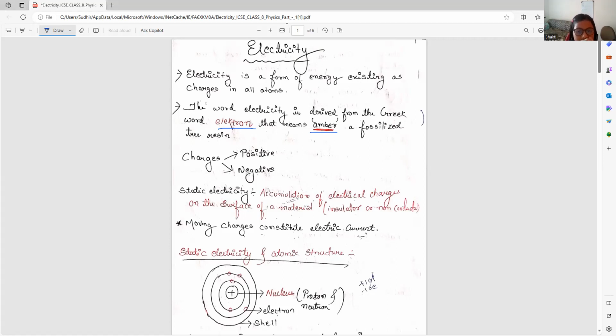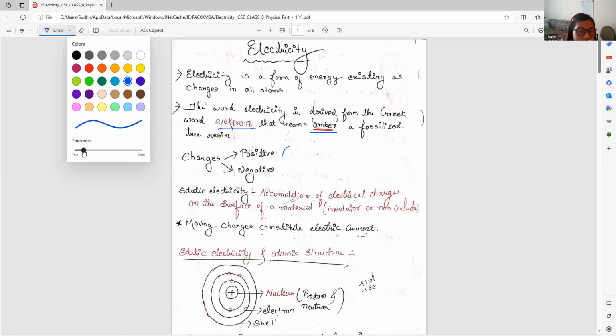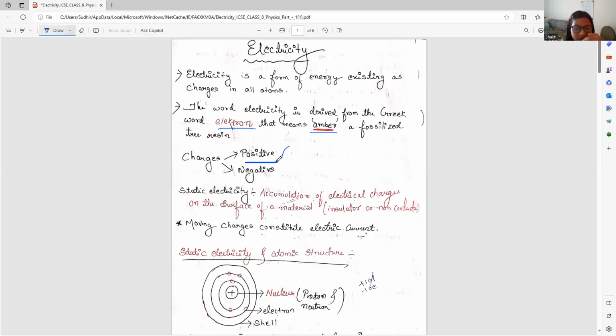Charges. In an atom, there are mainly two charges, positive and negative charges. We all know about the charges. Static electricity is a type of energy in which the electrons are not moving at all and they are present on the surface.